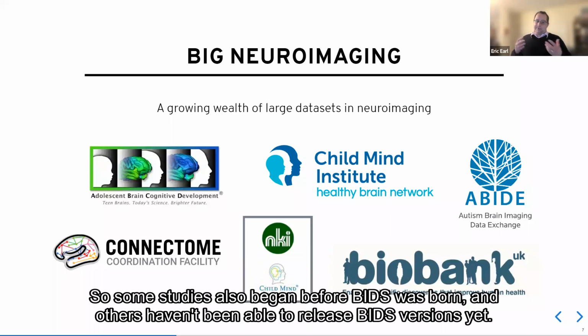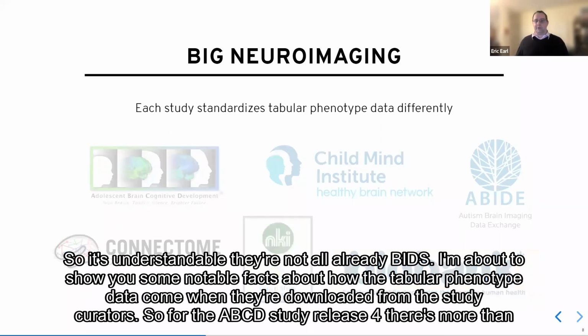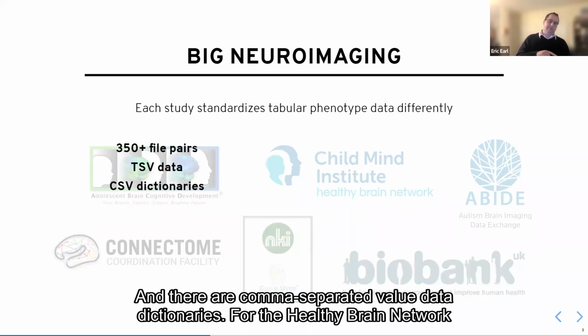So some studies also began before BIDS was born, and others haven't been able to release BIDS versions yet. So it's understandable they're not all already BIDS. I'm about to show you some notable facts about how the tabular phenotype data come when they're downloaded from these studies' curators. So for the ABCD study release 4, there's more than 350 pairs of tab separated value phenotype data, and comma separated value data dictionaries.